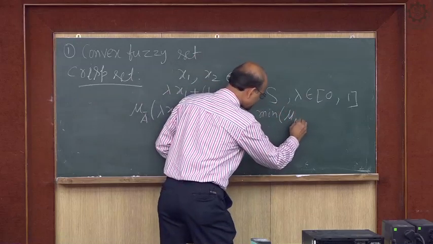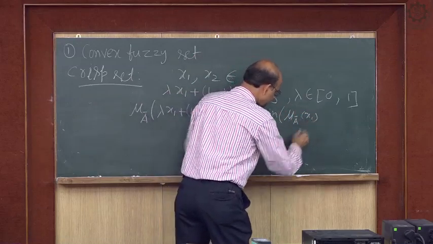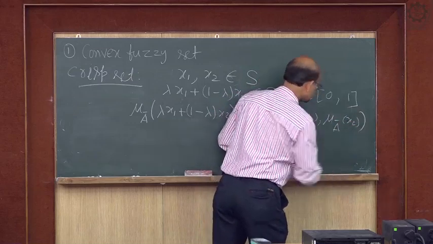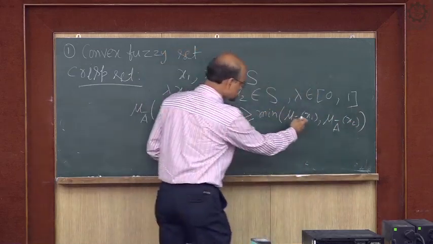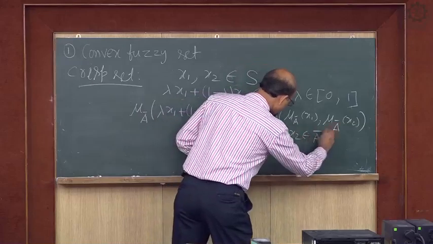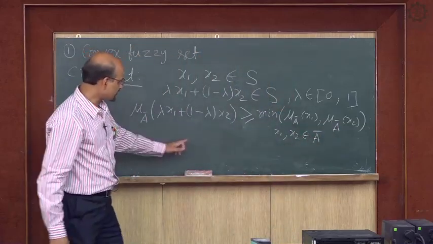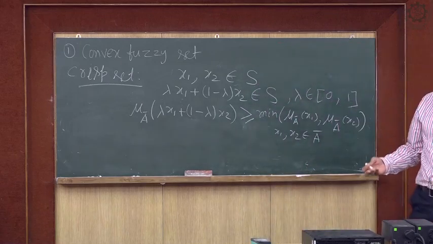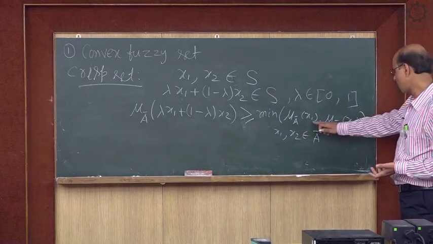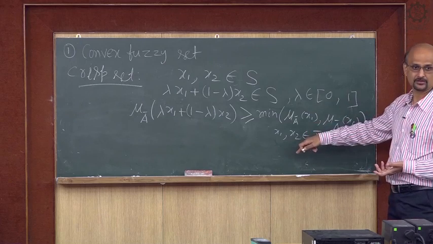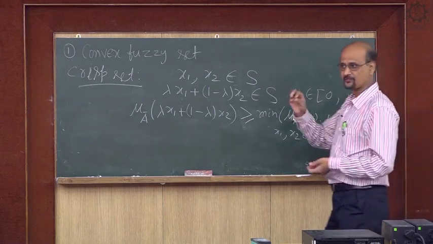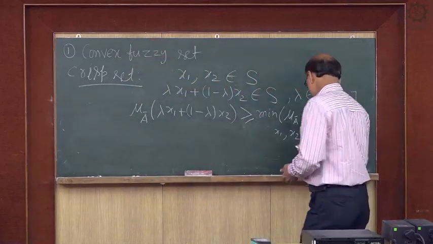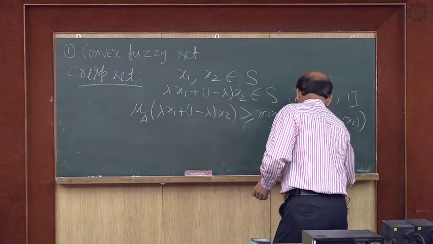the membership function of x1 on the same set and x2, where x1 and x2 belong to the fuzzy set A bar, and remember mu A bar of x1 and mu A bar of x2 are the membership functions or membership grades of x1 and x2 in A bar. That means, if you are given 2 points x1 and x2, take these combinations, and remember here again lambda belongs to 0 1.